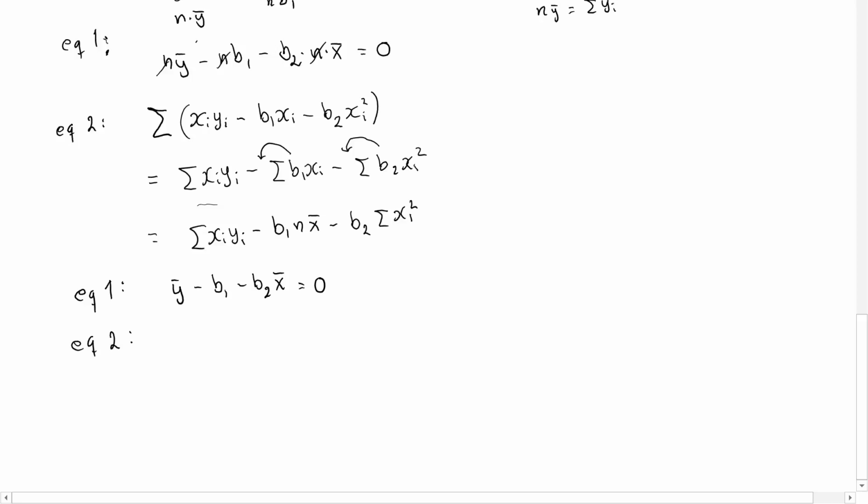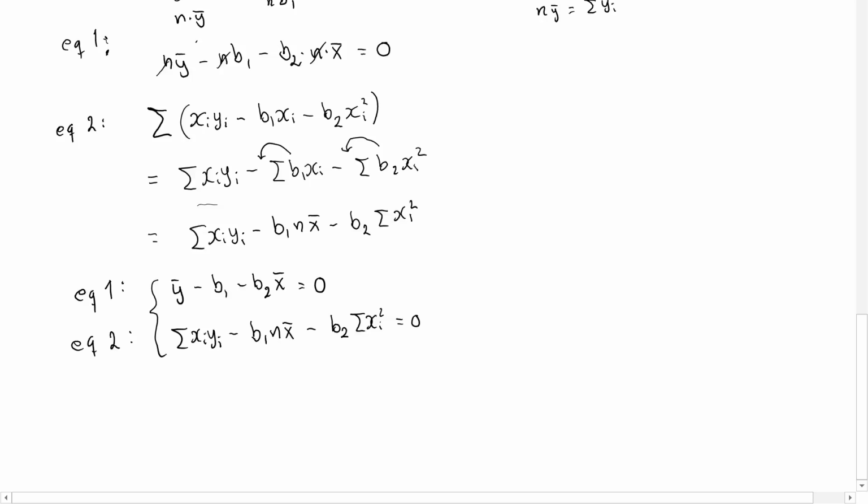Equation 2 looks like this: summation xi yi minus b1 n x bar minus b2 summation xi squared should be equal to 0.